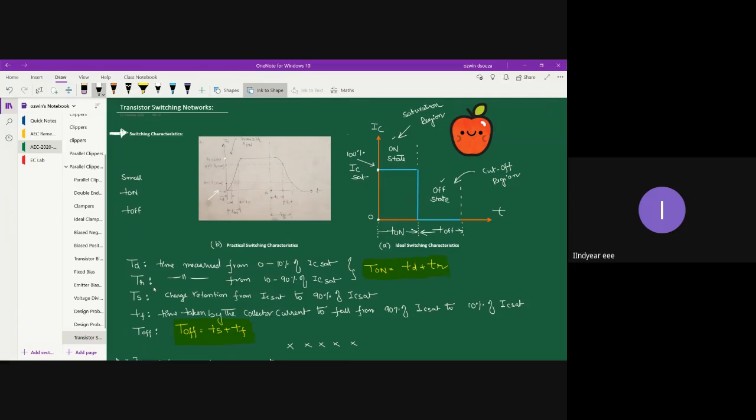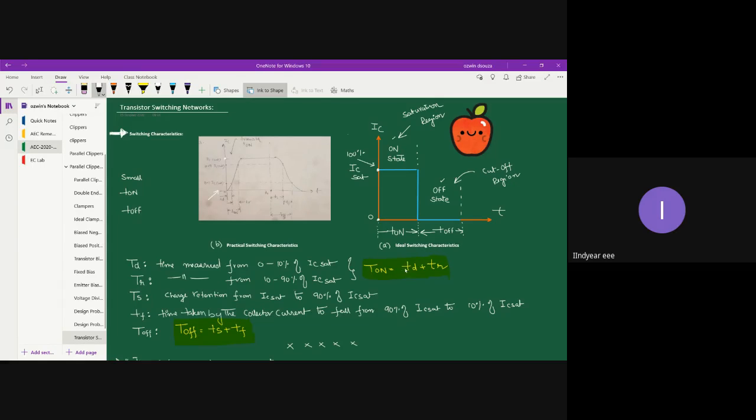On the other hand, the rise time of the switch is defined as the time taken by the collector current to rise from 10% to 90% of the IC saturation value. The time interval measured from 10% of IC saturation to 90% of IC saturation will give you the rise time TR.